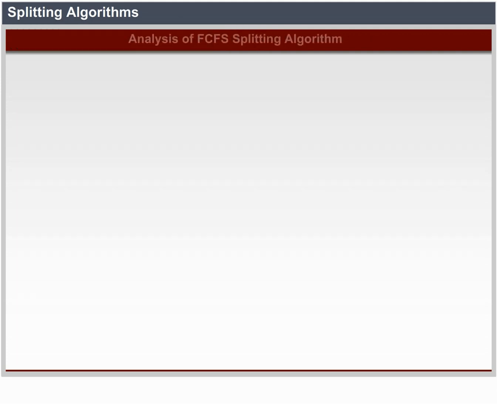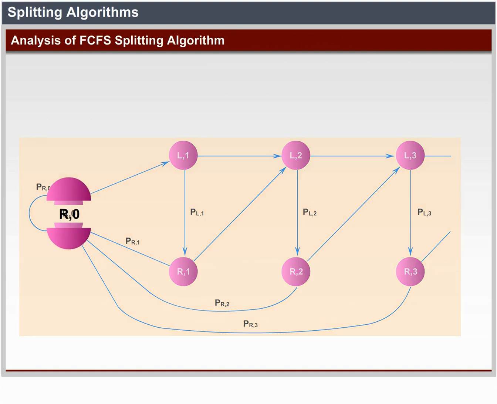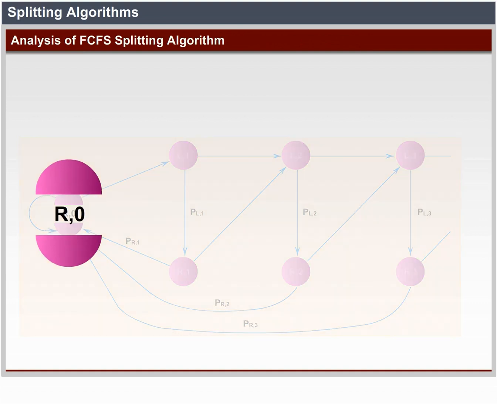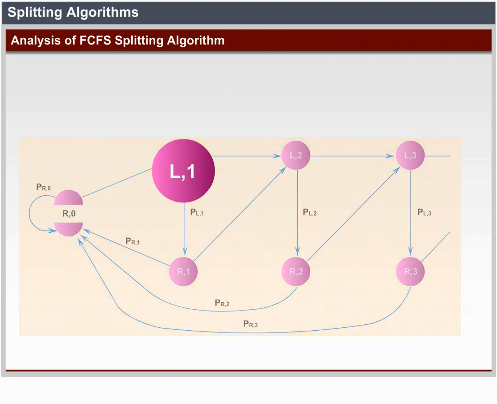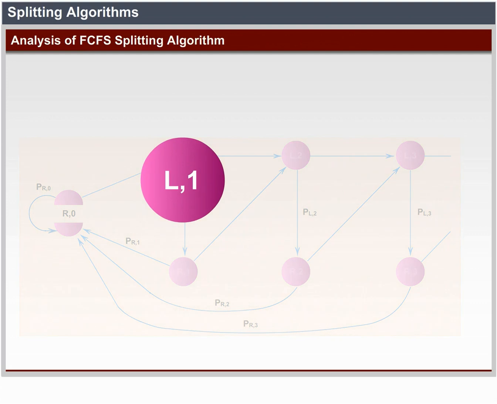Analysis of the FCFS splitting algorithm. The figure visualizes the evolution of a collision resolution period. The node at the left side of the diagram corresponds to the initial slot of a CRP. The node is split in two as an artifice to visualize the beginning and end of a CRP.